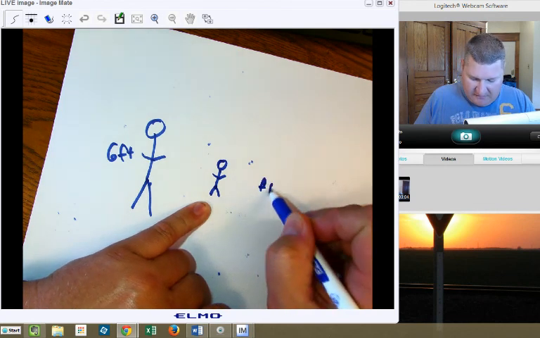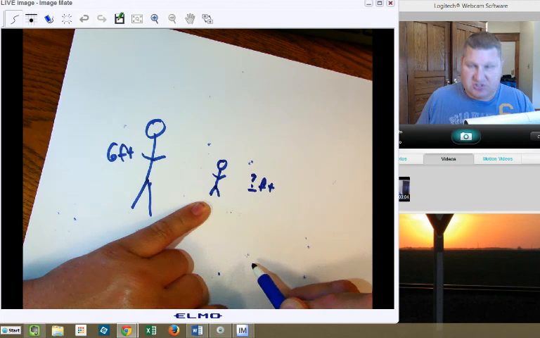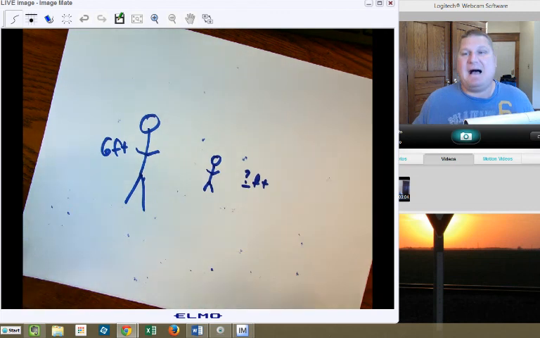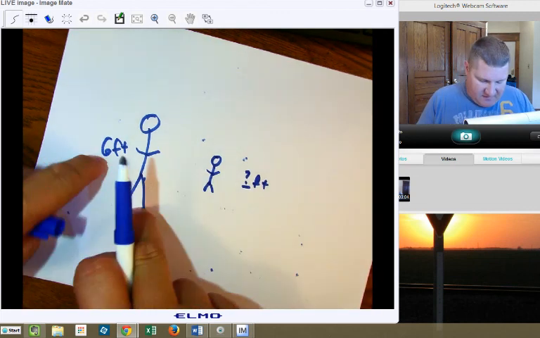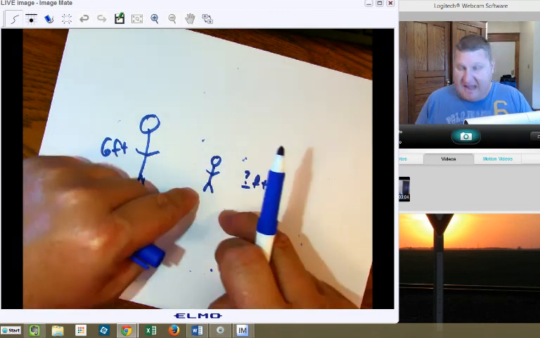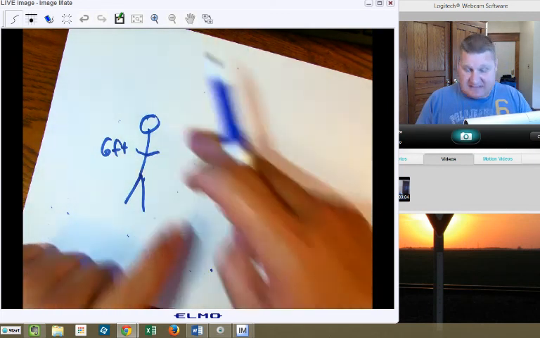What is this dimension right here? You'd say, well, that can't possibly be 6 feet. This is 6 feet. That can't be 6 feet because I know that's smaller.